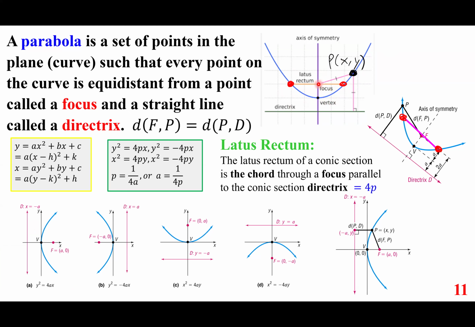Or say from the focus, add 2p and subtract 2p, you get those points. Of course, if it opens sideways, you go 2p up or down. If it opens up and down, you go 2p to the right or left.